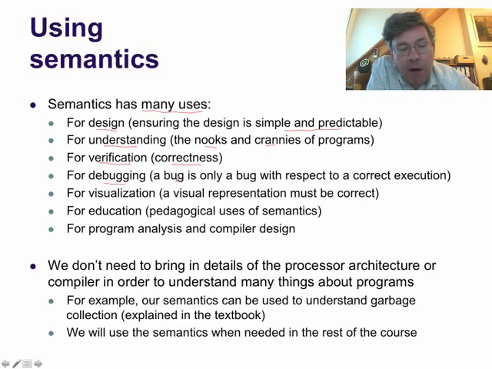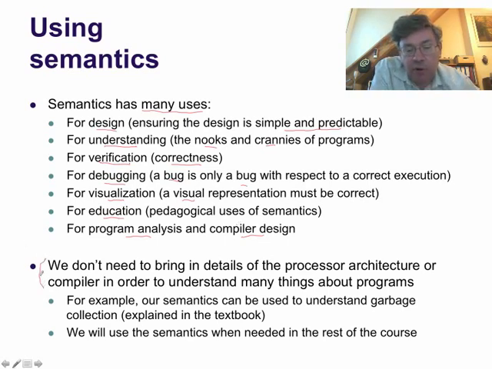For debugging, a bug is only a bug if you know what a correct execution is, which leads to semantics. For visualization, any visual representation must be correct. For education, the semantics, because it shows the whole system, is pedagogically very useful. Finally, for program analysis, of course, and for compiler design, it's very important.